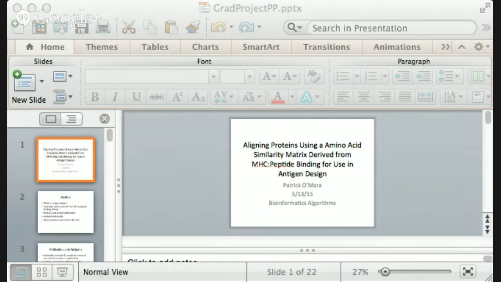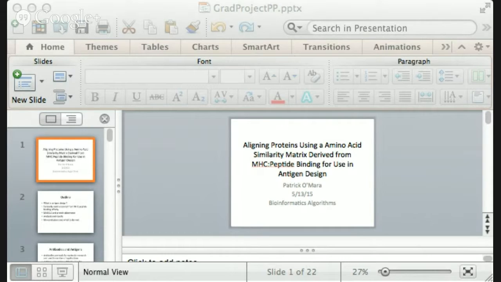So this was something I was interested in, and I wanted to investigate this, and I actually found this paper. I thought it was interesting, and they talked about this, and they actually made an amino acid similarity matrix based off of how a peptide and an MHC molecule bind together.